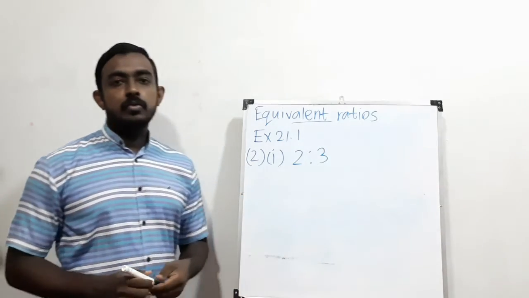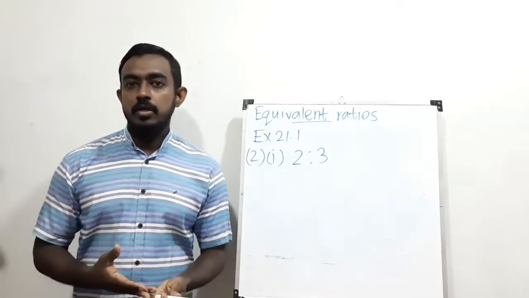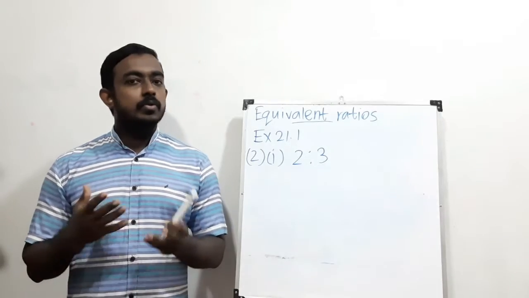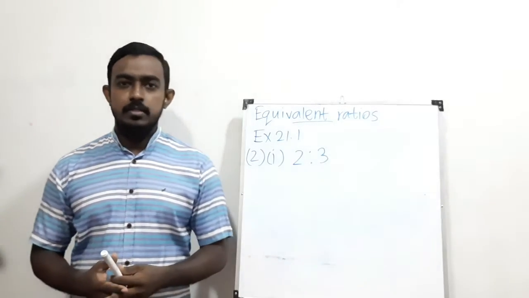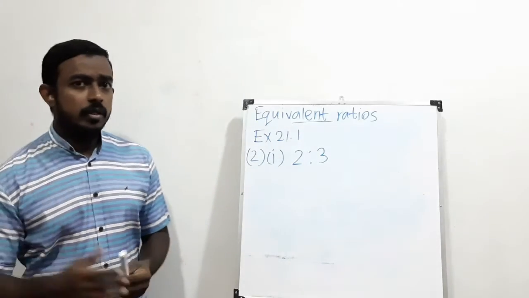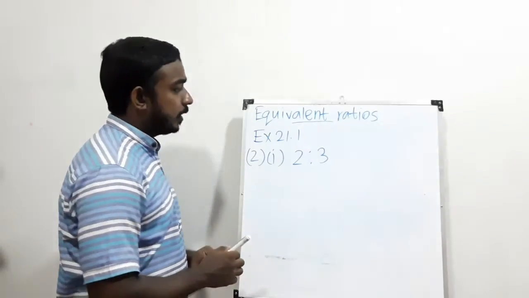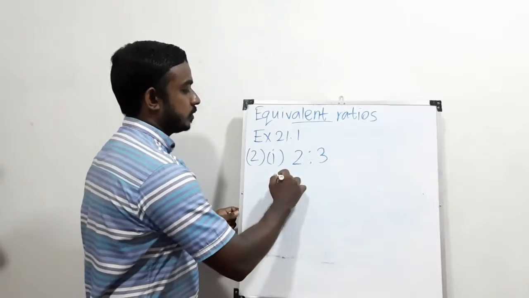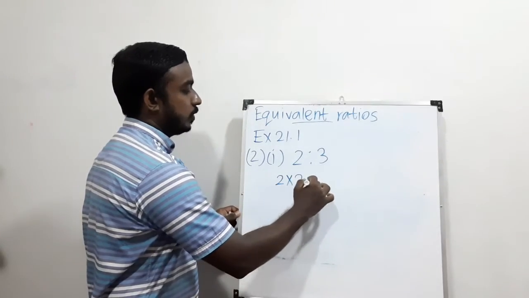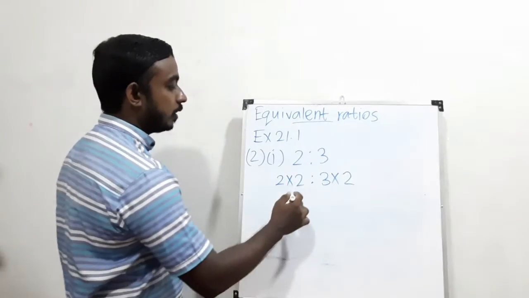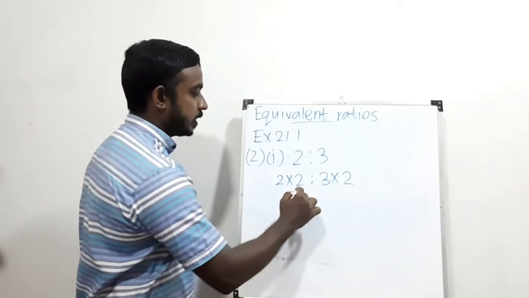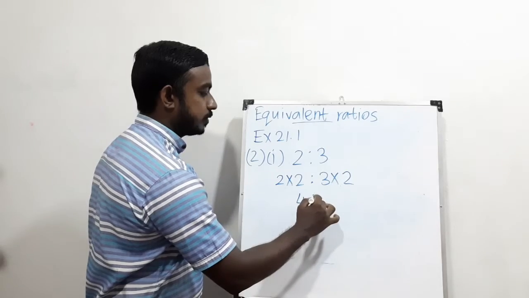To write an equivalent ratio to this one, you have to decide a number and multiply both these terms by that number. So here I'm going to multiply these two terms by 2. So I can write it as 2 into 2 and 3 into 2. So here I will get an equivalent ratio as 4 to 6.